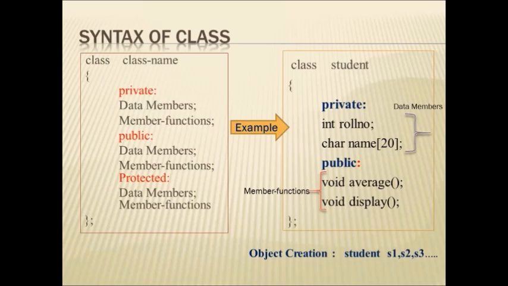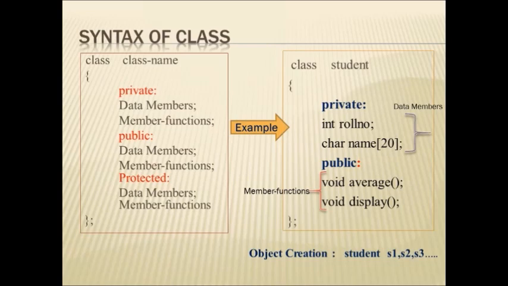In the private part, data members and member functions. Similarly, the public part, data members and member functions. In the protected part, data members and member functions. Example of a class: see the right part, the class name is student. Here I am declaring 2 variables, roll number and name. The roll number is of type integer.